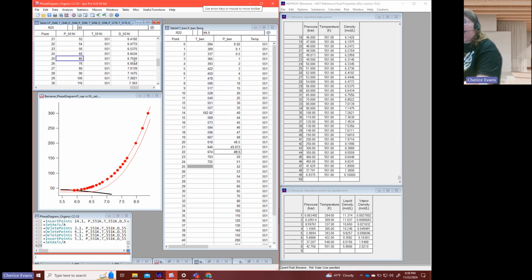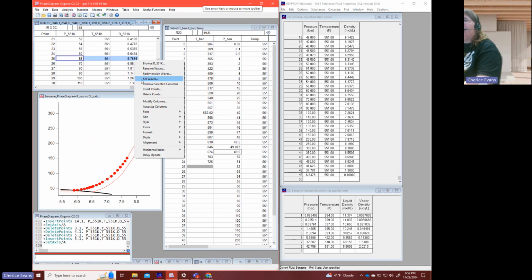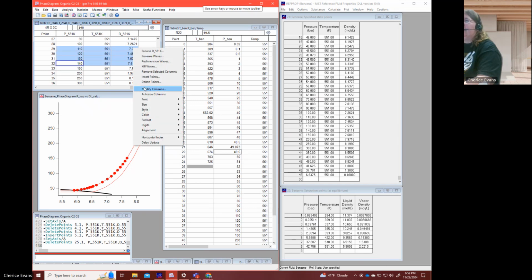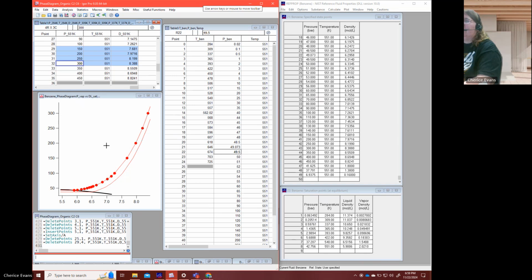I am not sure I need that point. 150 does not look like I need these. Maybe. So what I'm going to do, I need some points there. I just don't need as many as I had.